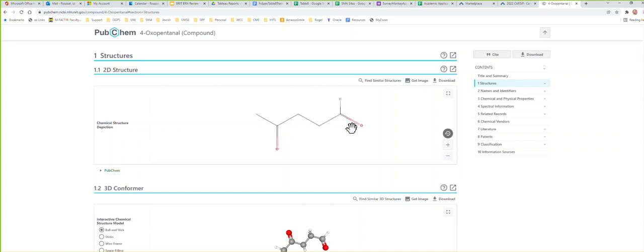So here's a case where we have an aldehyde and also a ketone. And I gave you the name wrong because what they're doing is they're calling this a pentanal with an oxo group. The double bond is on this 4th carbon here. So I need to revise that slide and fix that. Sorry about that. I'll need to look at my test to make sure I didn't get that wrong there too.